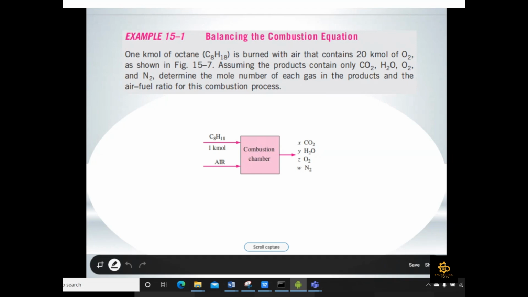Assuming the products contain only CO2, H2O, O2 and N2, you have to determine the mole number of each gas in the products and the air-fuel ratio for this combustion process. So note down the data and then put the solution.